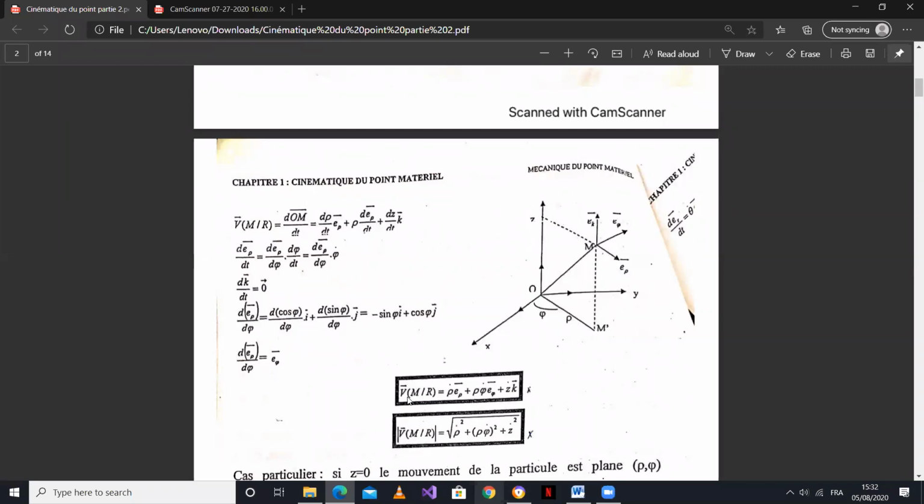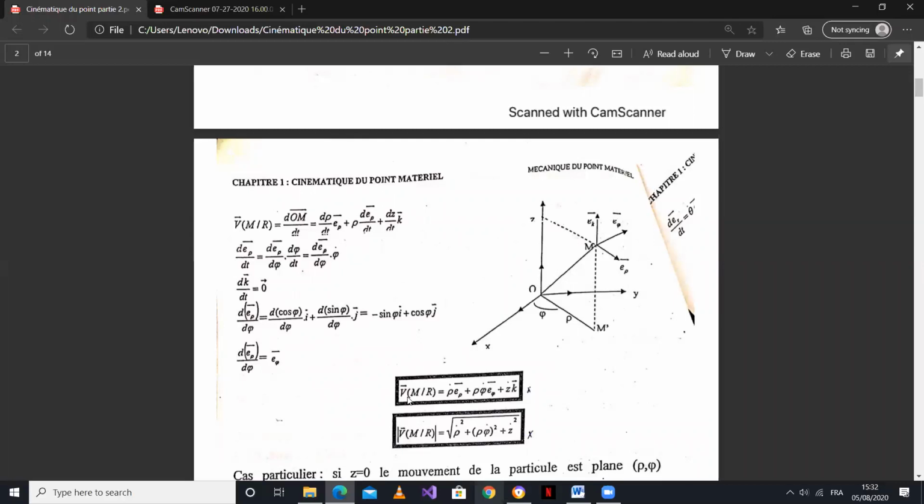And even when we'll be doing exercises, work with it, and then it's going to stick in your mind. Don't go straight into memorizing it without knowing how to derive it. But that's the expression we have for the Vitess dans le coordonnées cylindriques. C'est rho point heureux plus rho phi point e phi plus z point k. Est-ce que c'est clair? Oui, c'est clair.